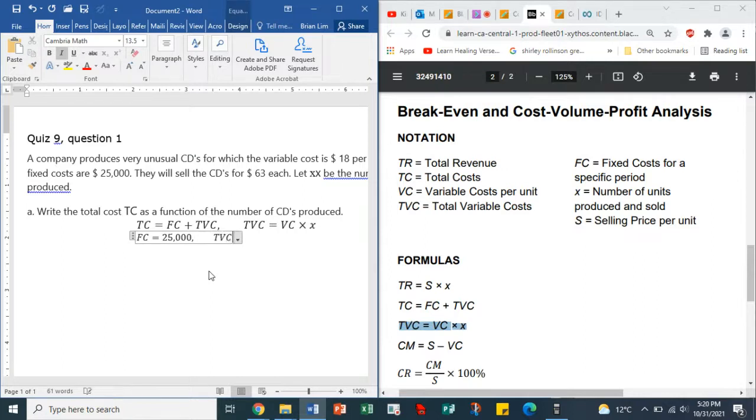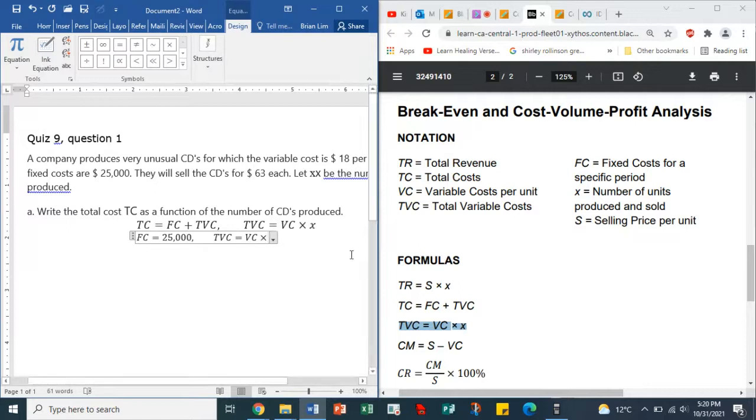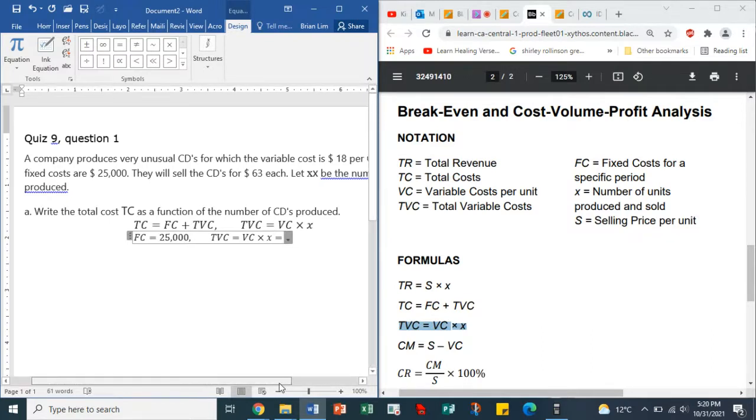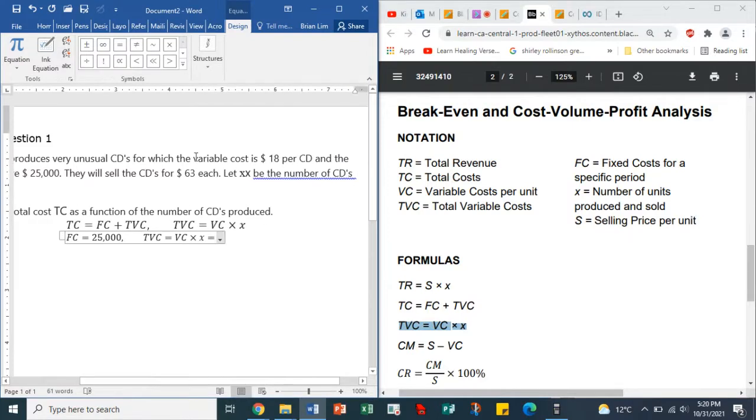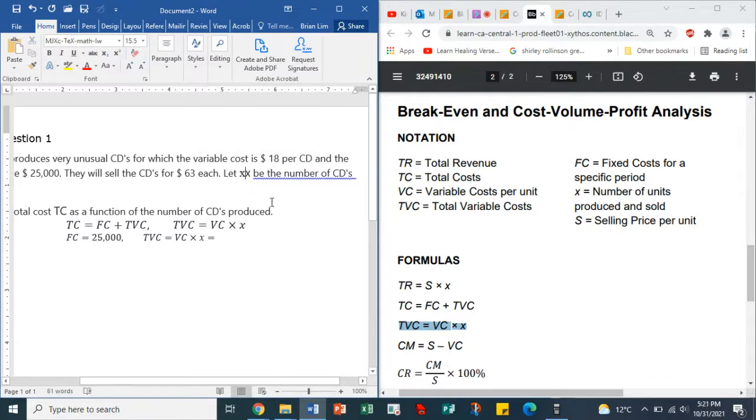It's the variable cost multiplied by X. The variable cost is right over here, $18 per CD. While we're there, let's fix this too. Variable cost is equal to $18 per CD, so it'll be 18 times X. So we have the two quantities that we need to put in there.